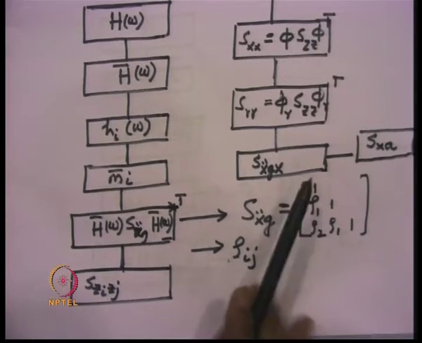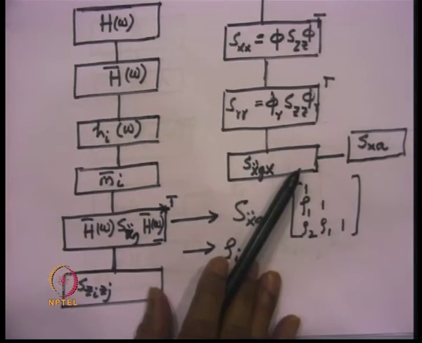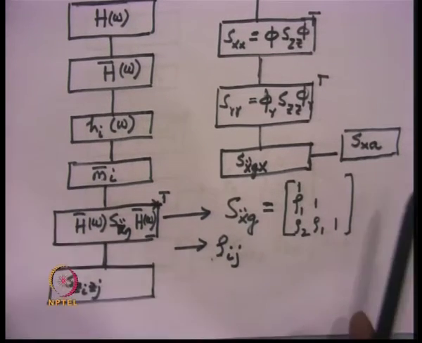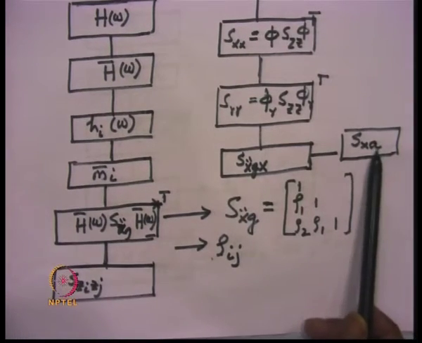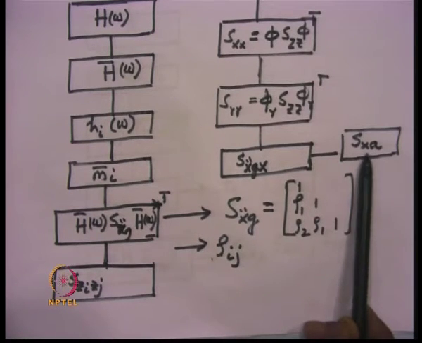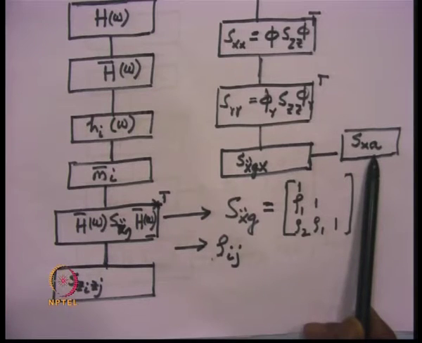Then if we are wanting to obtain the power spectral density function matrix for absolute displacement, which we had discussed before, we have two kinds of displacement. One is a relative displacement with respect to the base, other is the total displacement by considering the support displacement also.